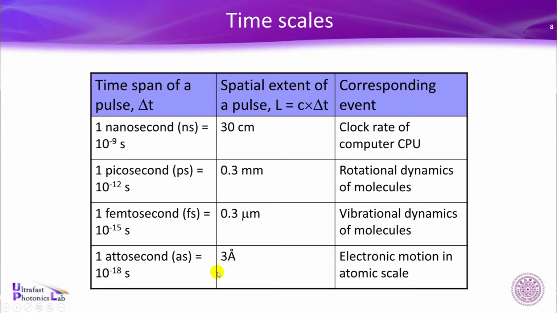If you reduce your time span to 1 attosecond, 10 to the minus 18th, the spatial extent is crazy small, 3 angstrom. 1 angstrom is about the size of a single atom, right? 3 angstrom means the laser pulse extends only 3 atoms. Very, very short. And this speed is about the electronic motion at atomic scale. It's the motion of electrons.